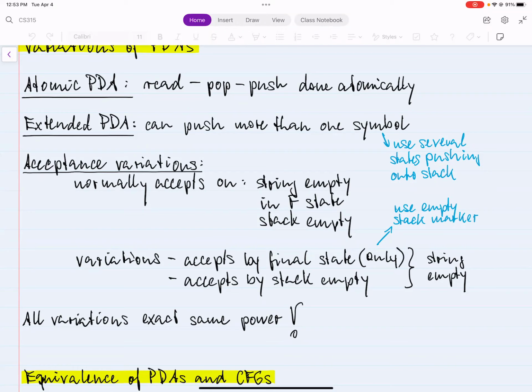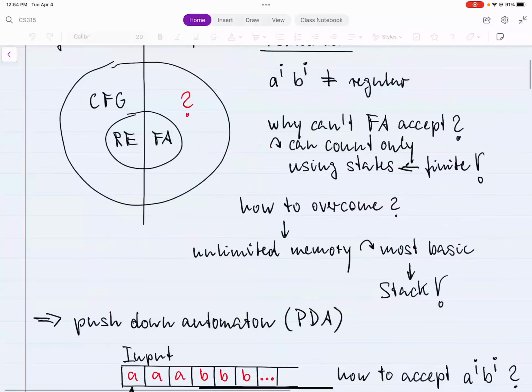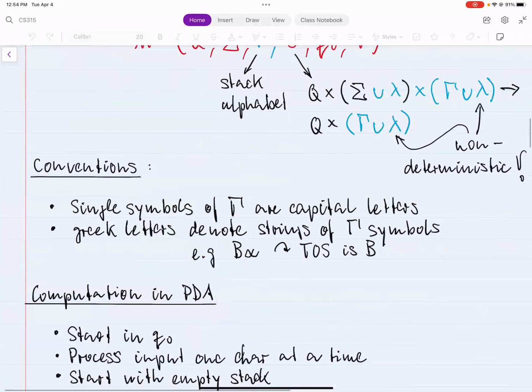So how would you express the atomic PDA by way of a standard PDA? Well, what actually comes in handy is what we discussed relatively early when we looked into this.